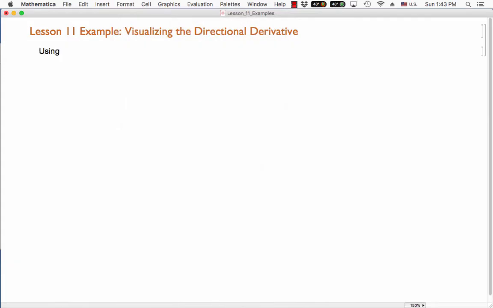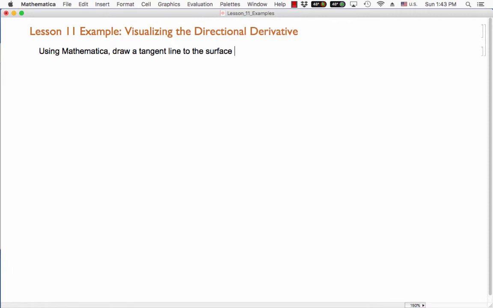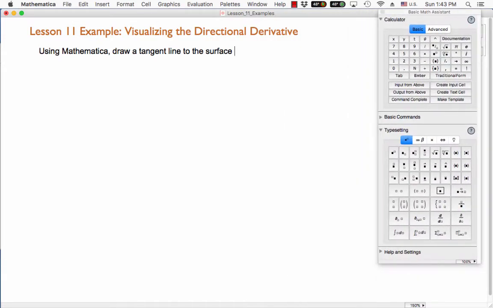So using Mathematica, draw a tangent line to the surface. Okay. Let's describe the surface. In this case, I'm going to go ahead and use the writing assistant. So here's my assistant.